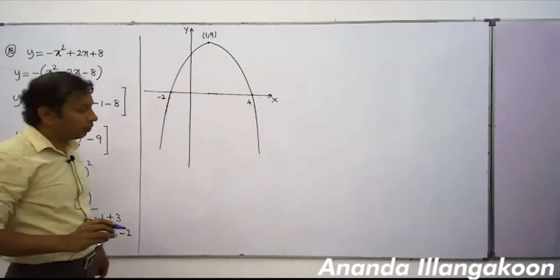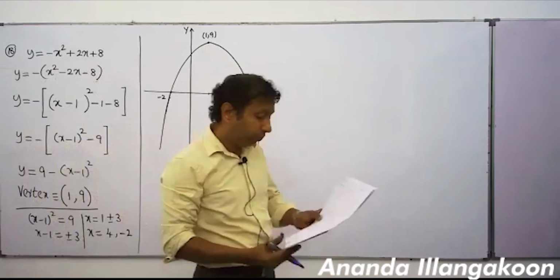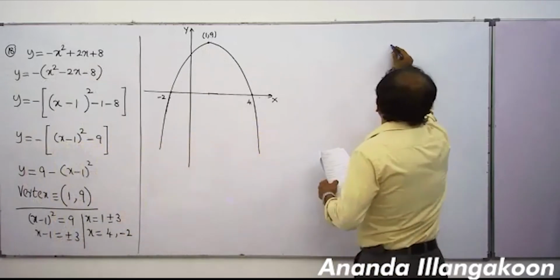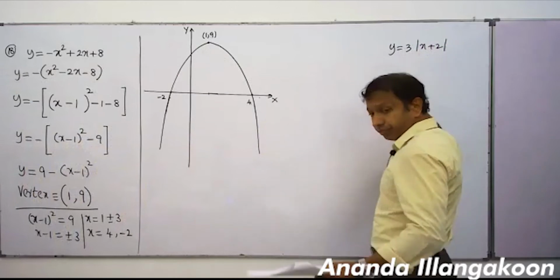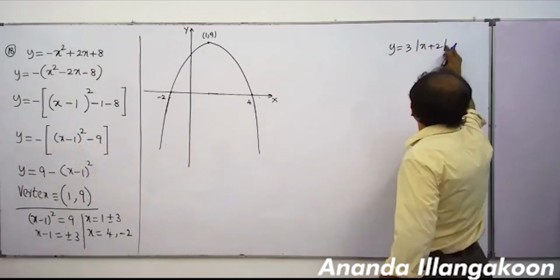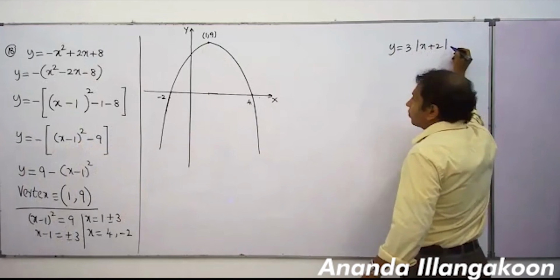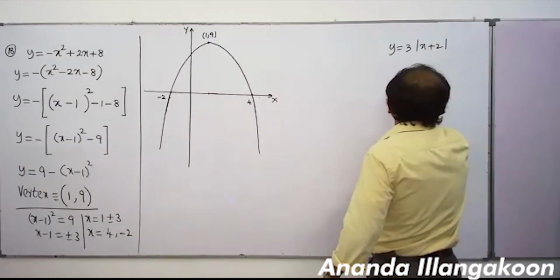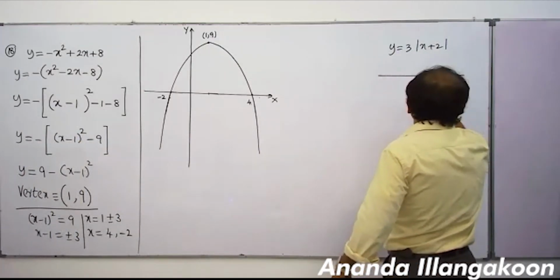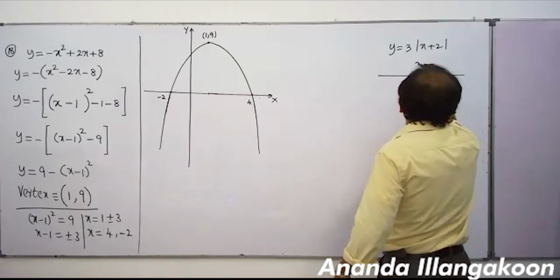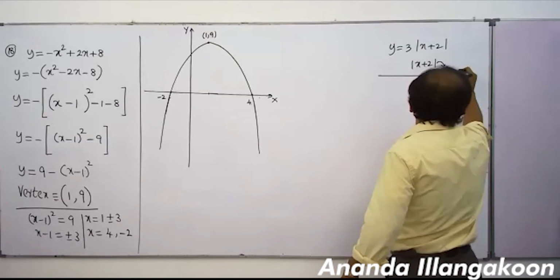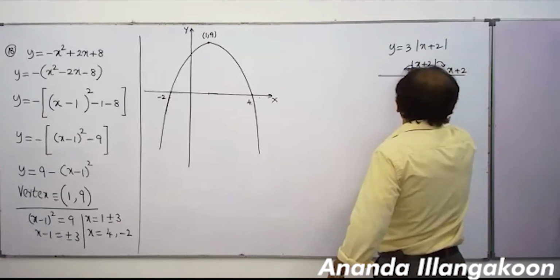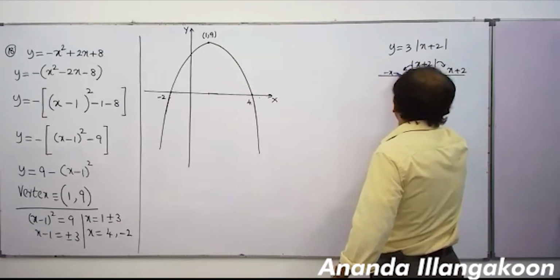Next graph is y equals 3 times mod x plus 2. We'll define this mod x plus 2. It changes at x equals minus 2, no? On the right hand side of that it is x plus 2. On the left hand side it is minus x minus 2.